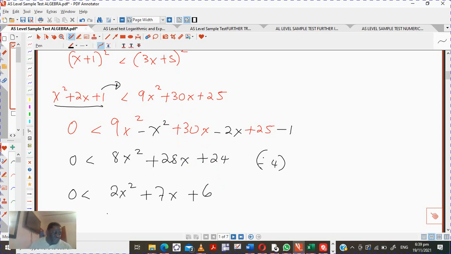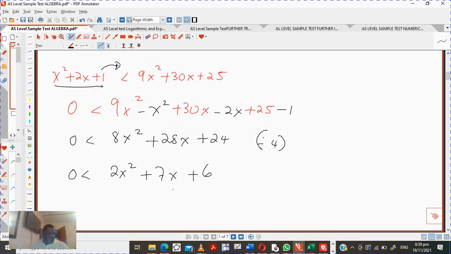So now this is where we're at. If you look at this inequality, it is a less than inequality, and a less than inequality on a number line is going to be something within the interval, between the two numbers. So I'm expecting my solution to be something like that.